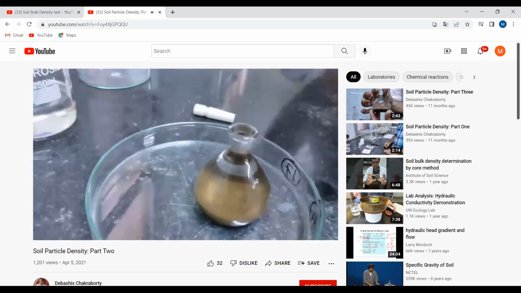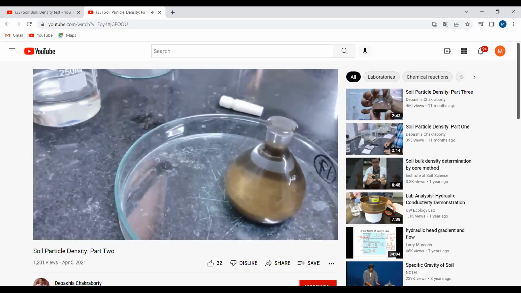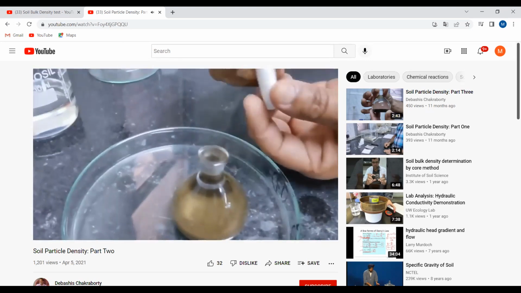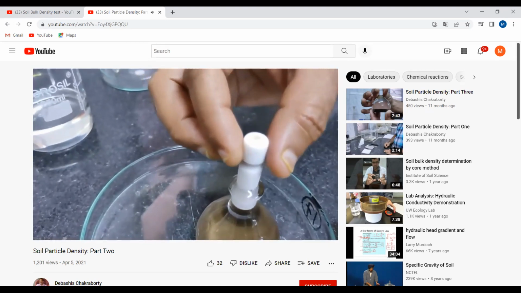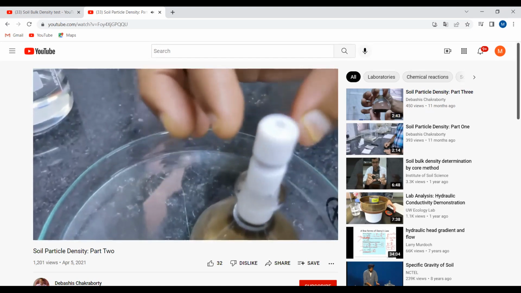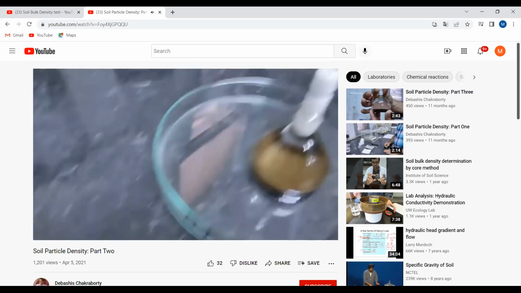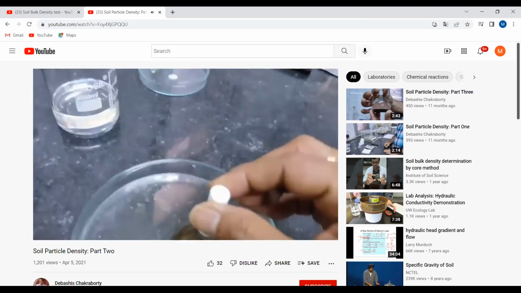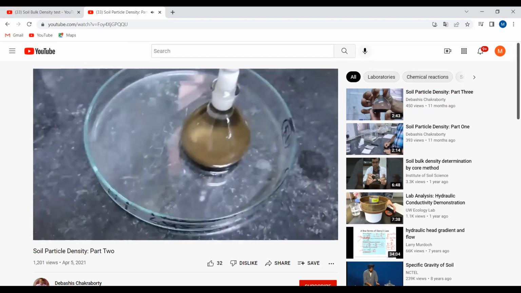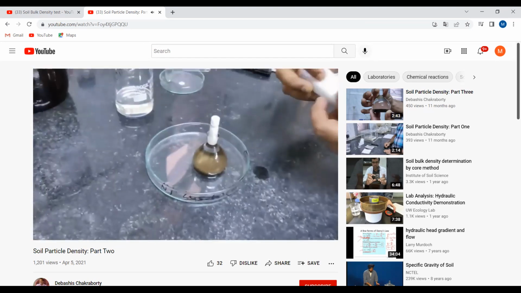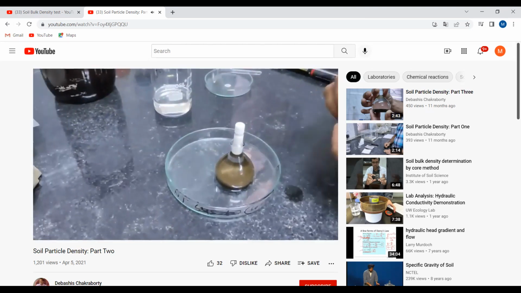Now you see he is placing the stopper, slowly so that they can see. You see some toluene is coming out from the top. That means at this condition it is fully occupied by toluene, except for those portions.